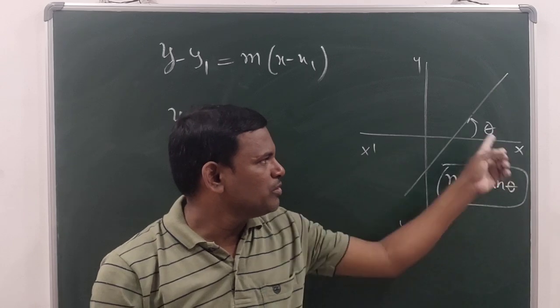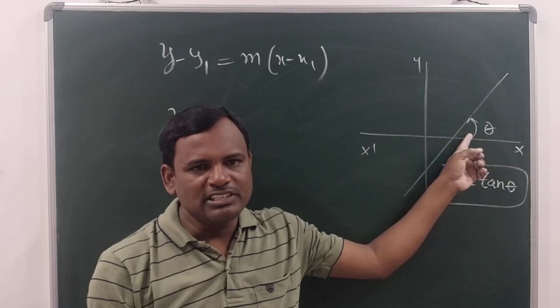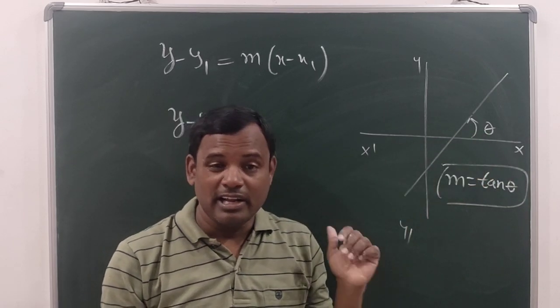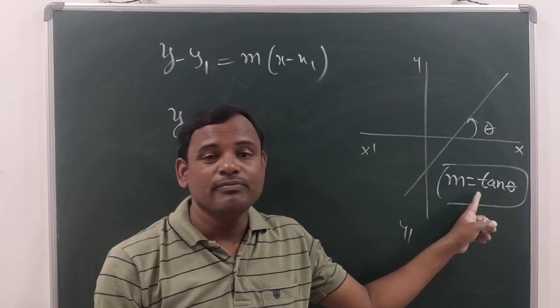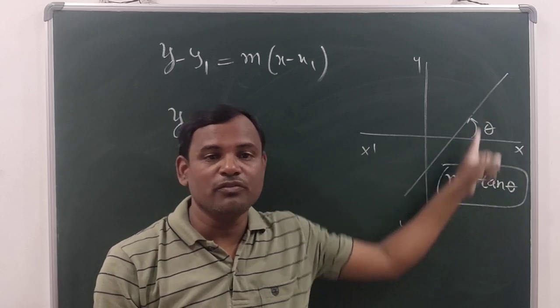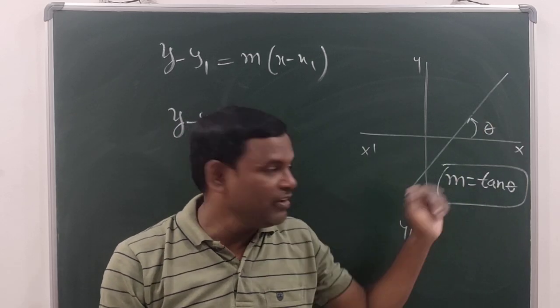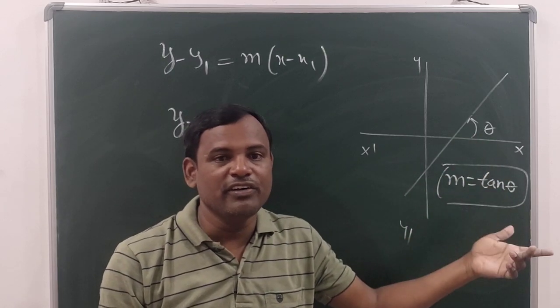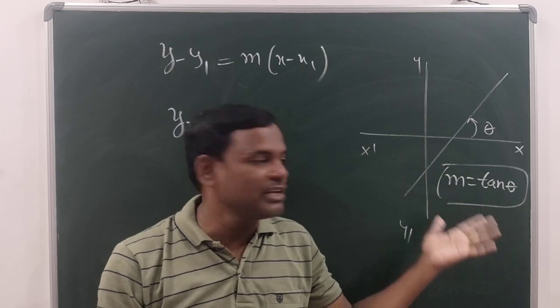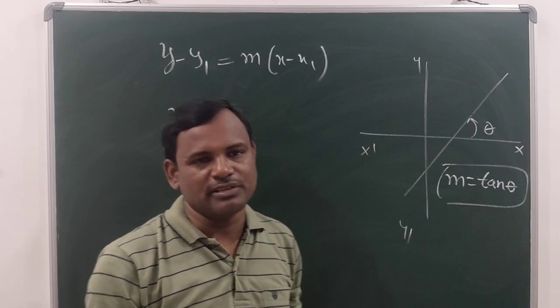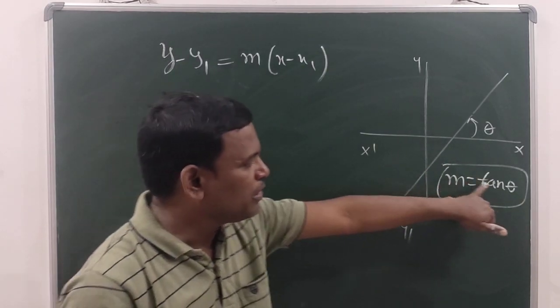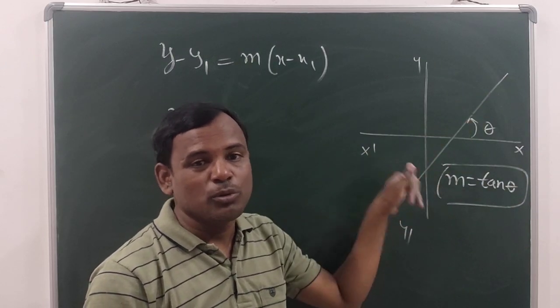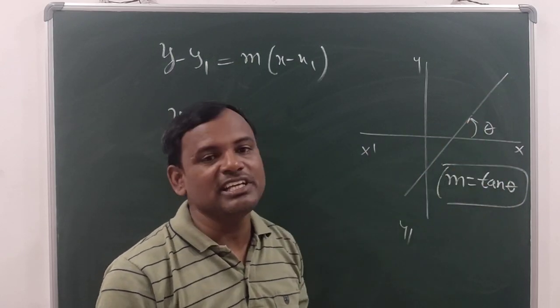So when the inclination of the line is given, you have to use this formula to find the slope of the line. Why do we define it with respect to theta as tan? Why don't we define other trigonometric ratios also? I gave you the reason.